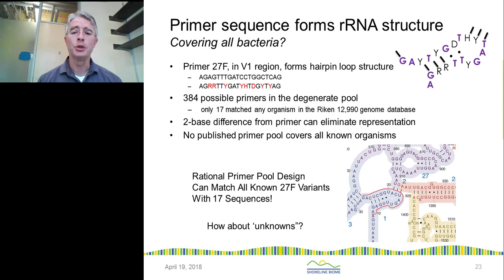In addition to designing for the known variants, because we know we need to maintain this structure and these base pairs within the 16S gene, we can also potentially design for variants that we haven't found yet. So you can look at this and say, what would the base changes be that would be allowed that would still maintain these structural relationships, and incorporate those as well. So it's a very interesting set of findings that we're able to take advantage of.